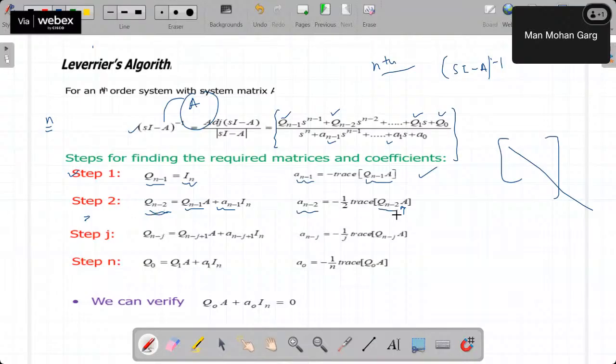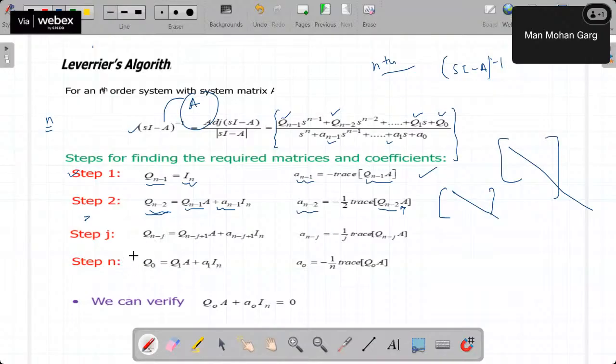We will multiply these, take the trace, and multiply by minus 1 by 2. That will give me the second coefficient. This way I will keep on going, and I can get the intermediate coefficients as well, right?